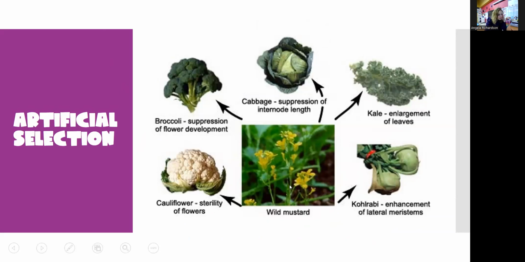Cabbage comes from these little nodes between the flowers and things like that. If they make those grow bigger, that's what makes cabbage. Kale is obviously from growing these leaves extremely large. So from one plant, we have gotten 5 different kinds of vegetables just through picking and choosing which plants get to breed with each other based on what traits we want to develop.